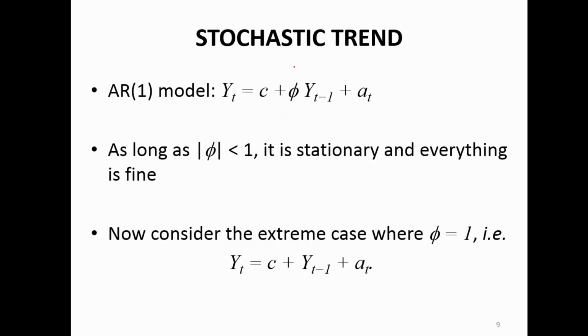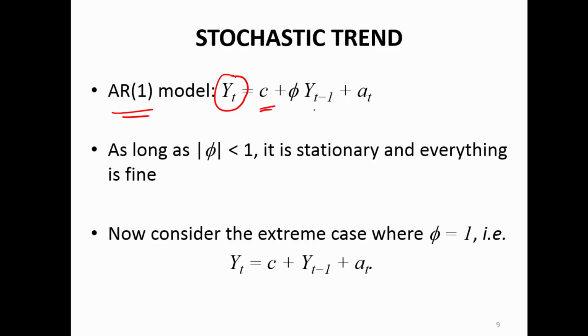Stochastic trend is different from deterministic trend. So we'll understand how stochastic trend is in fact different from a deterministic trend, and how this can be handled differently. We'll start with an AR type model. So we have yt, and the equation is like that.